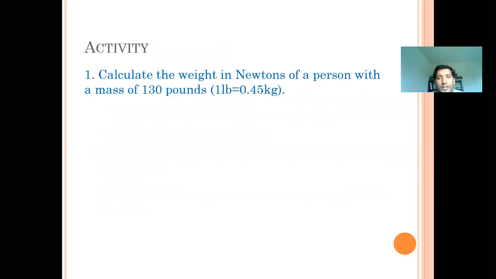Calculate the weight in Newton of a person with a mass of 130 pounds. Let me calculate the weight. You just have to convert 130 pound to kilogram, right? The conversion factor is given here, just multiply by 0.45.